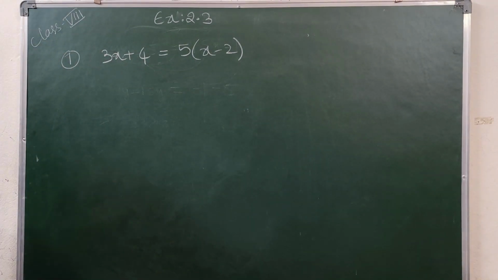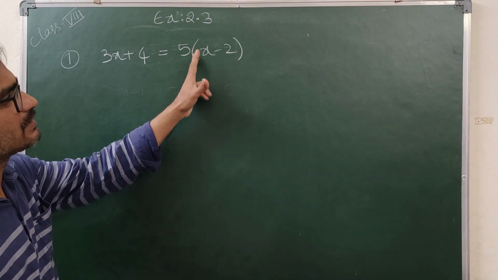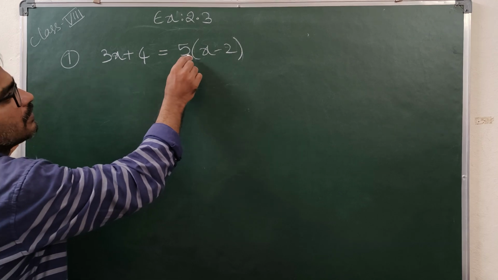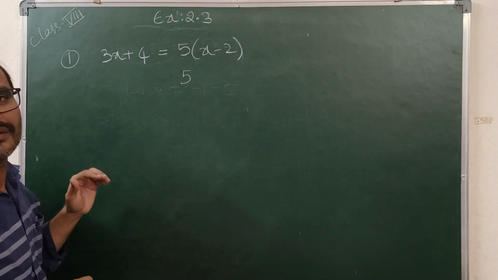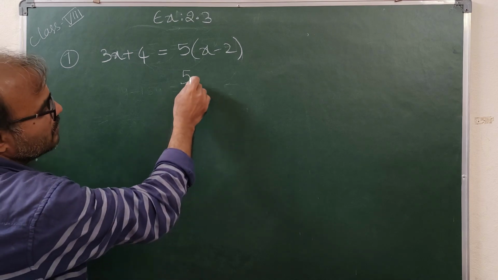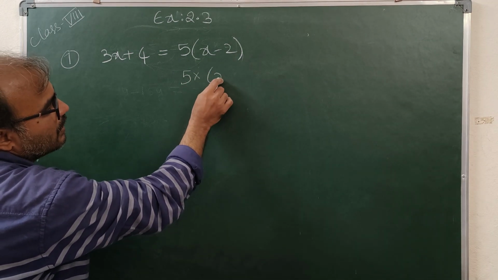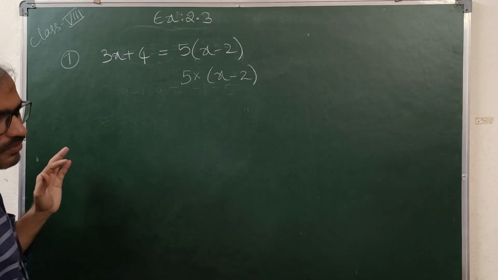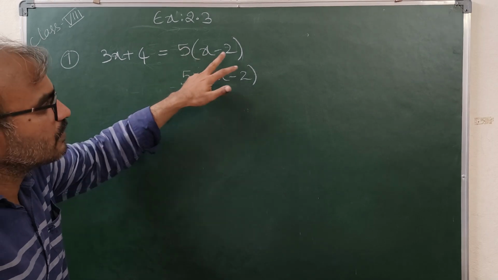So now we got a new style, right? Now brackets are there. After the 5 there is no symbol, which means 5 times the bracket, right? Is this 5 times for x, or for 2?